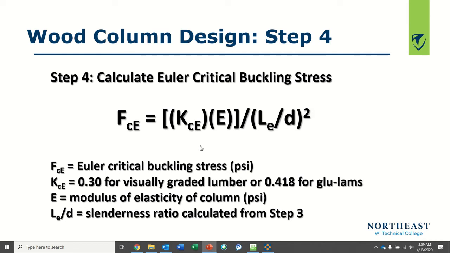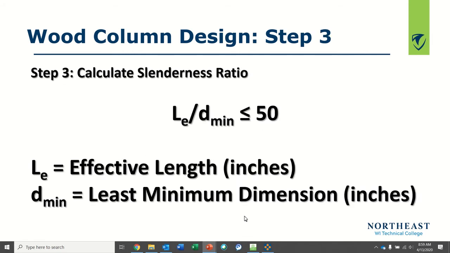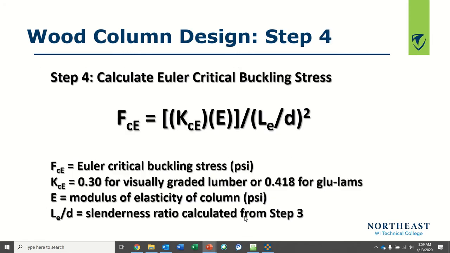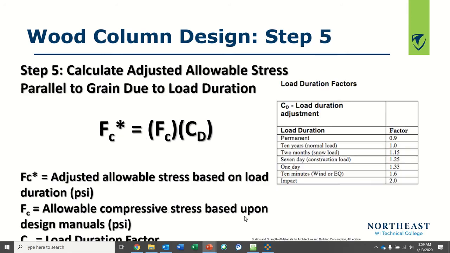This is another way to calculate that stress instead of doing P critical. F_cE is my Euler buckling stress, from my slenderness ratio. That was step 4.